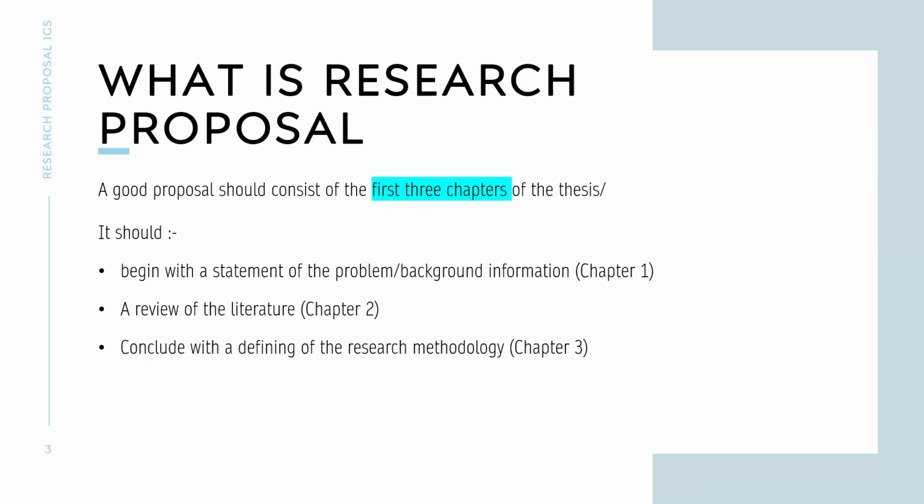In that chapter, you also will highlight the research gap from the literature that you have read or from whatever you have found through your research. And then from there, you will come out with a list of all these objectives and other things.